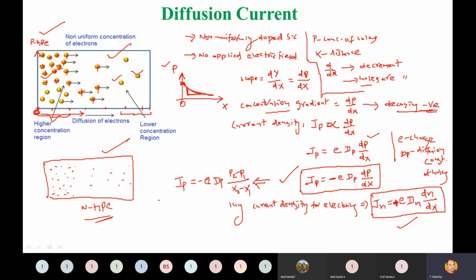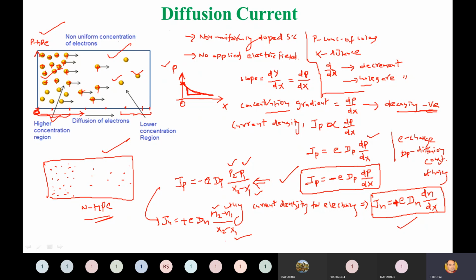Similarly, Jn is equal to plus e dn into n2 minus n1 divided by x2 minus x1. n2 and n1 are two concentrations of electrons, p2 and p1 are two concentrations of holes, and x1 and x2 are two distances.